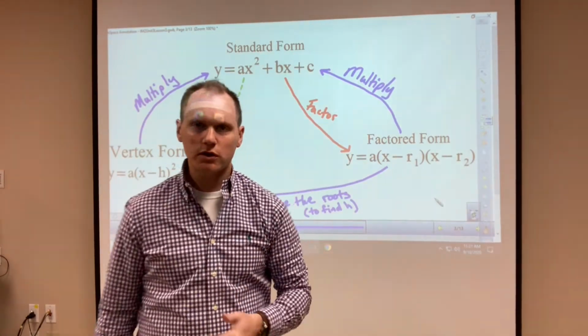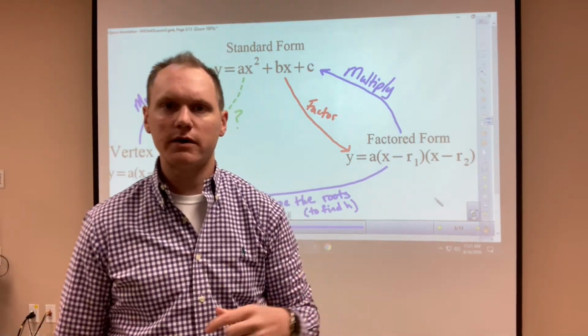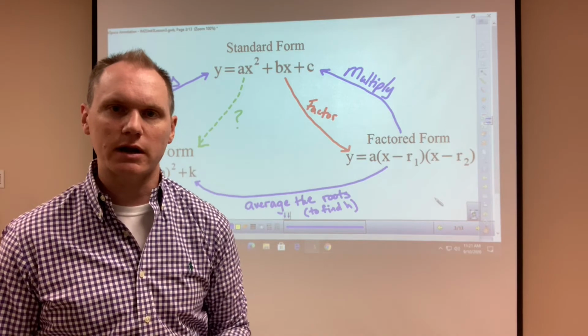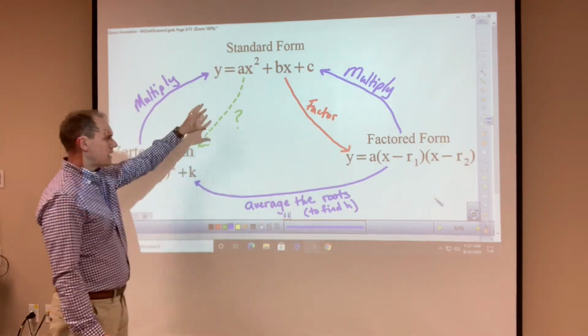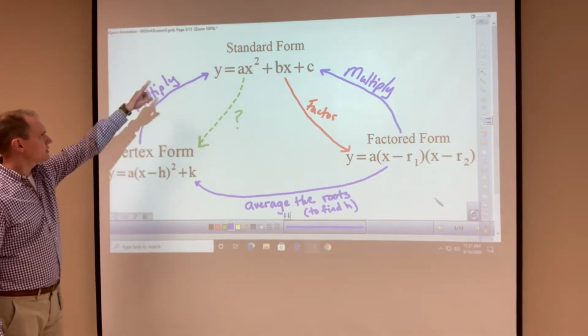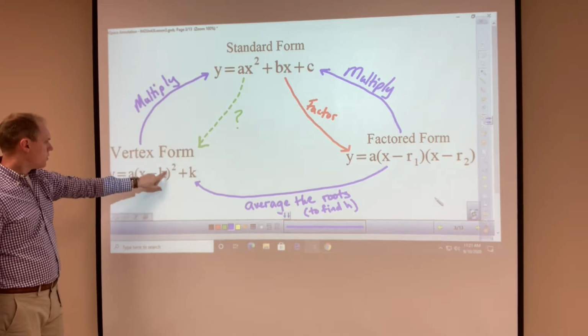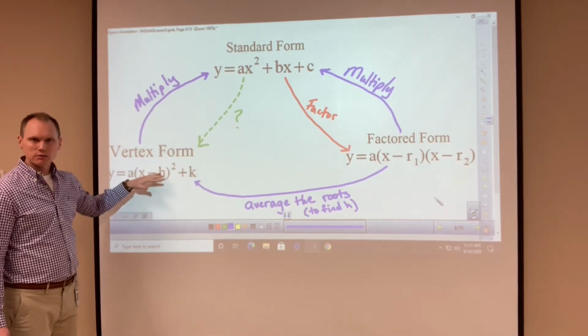And as we'll see in our next video, we want to be able to convert between the three different forms to find out key characteristics of a quadratic. And so there are ways that we can navigate that and go between the forms. So let's recap here. To go from vertex form to standard form, we can just multiply out this squared term and combine like terms.